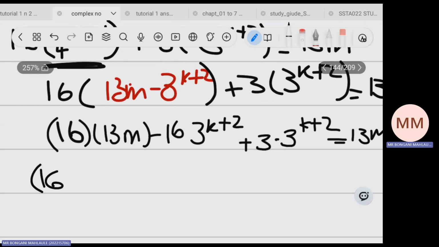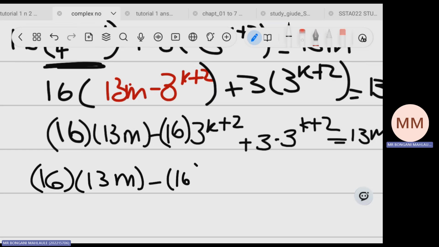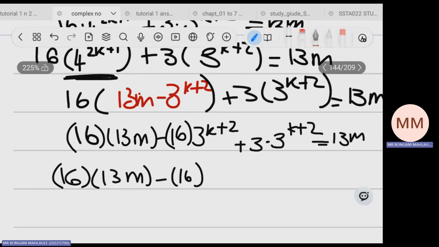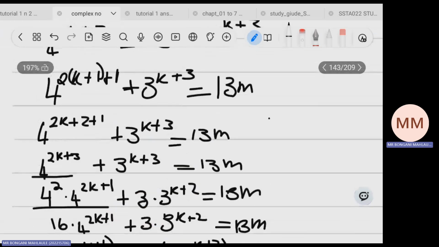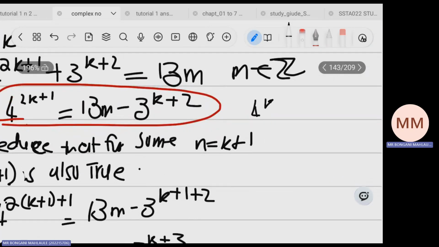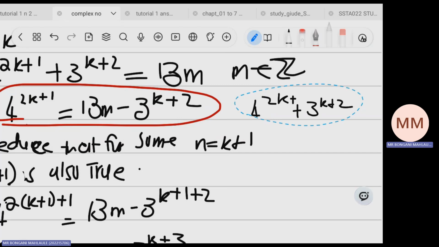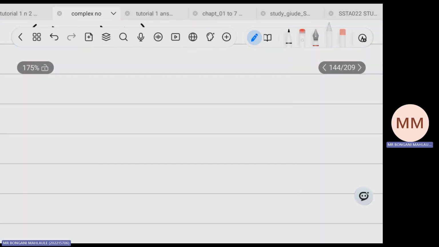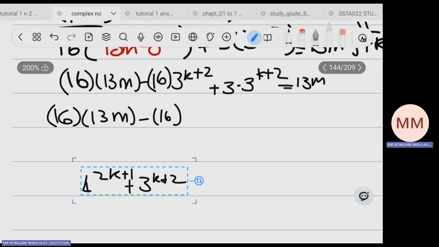But before we do that, remember here we have this 16. Let's check. 13 initial from the assumption, it's equal to 4^(2k+1) plus 3^(k+2). This is 13m. Just want us to check on this part.